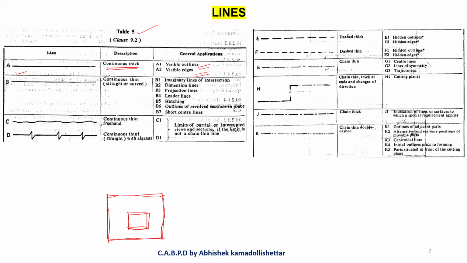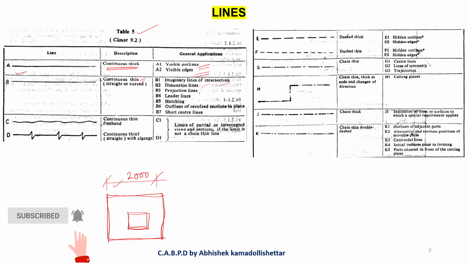Next one is continuous thin. Where should your thin line be? Imaginary lines of intersection, dimension lines. If you have a dimension line like this, a very small dimension, suppose 2000 mm, these lines should be very thin.